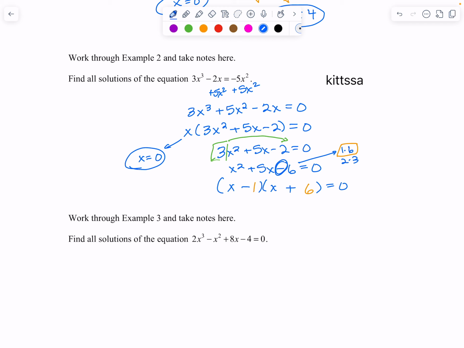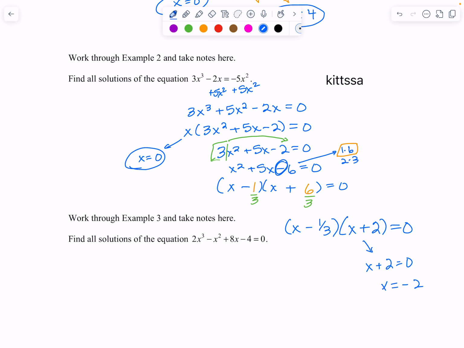Now I've got to divide by what I slide. Remember, slide and divide. I'm going to divide by my 3. So I'm going to wind up with x minus a third and x plus 2. If it makes you feel better, you can set those equal to 0 and then subtract.